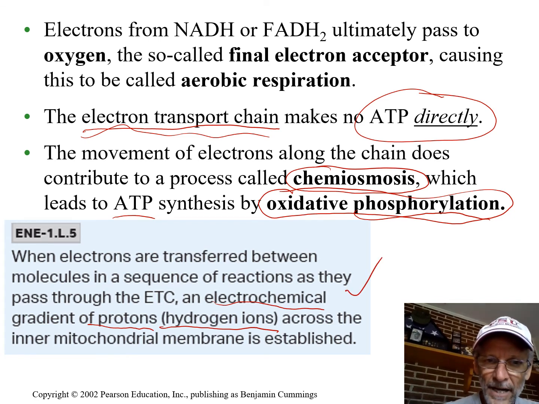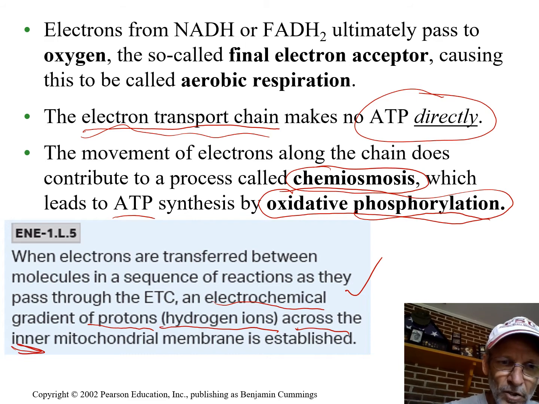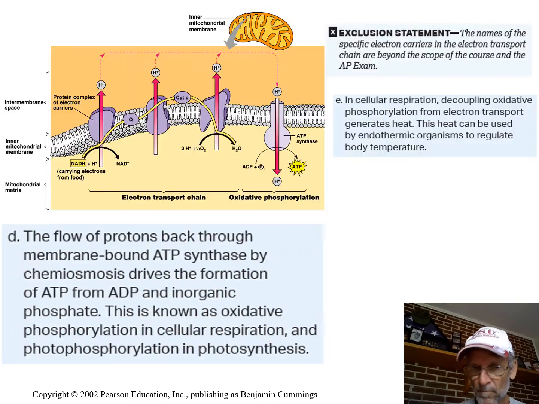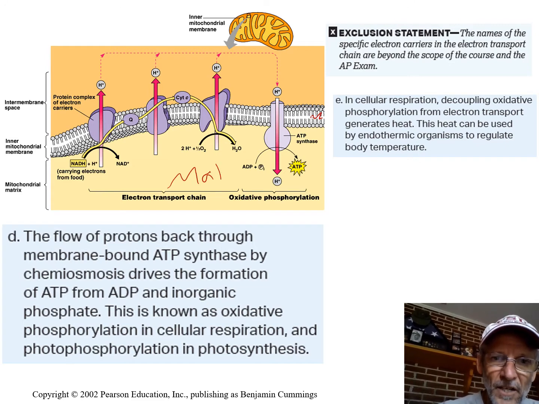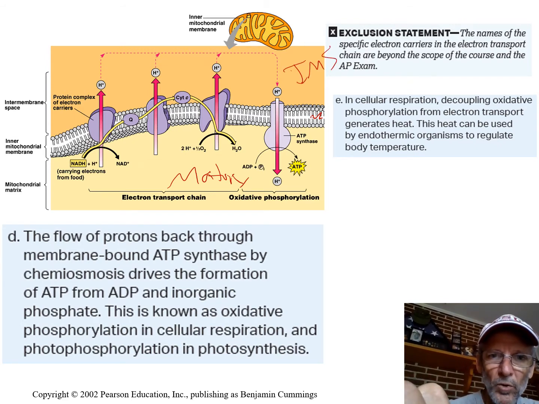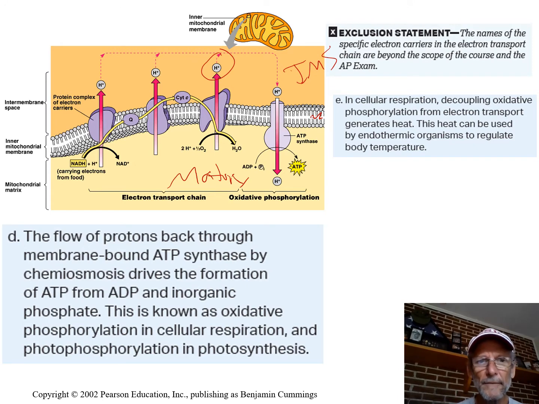And this membrane, this potential to do work, this gradient, is going to be across the inner mitochondrial membrane. So here we have that inner mitochondrial membrane, right? Here's the matrix deep inside the mitochondria, and here is that intermembrane space. This is where the protons are going to be pumped into, right?